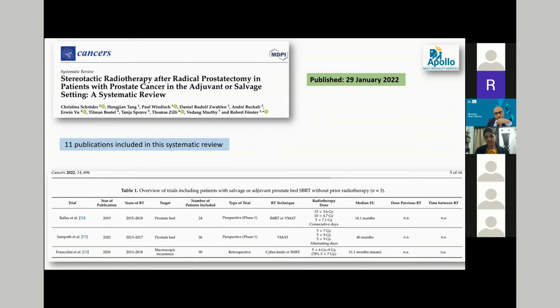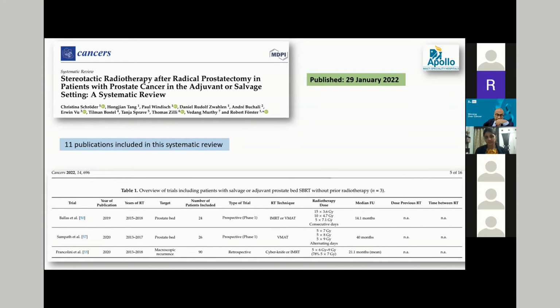And Dr. Bedang Murthy from India is also part of this systematic review. 11 publications are included in this systematic review. So there are two categories. One is adjuvant prostate-bed SBRT without prior radiotherapy, and another category is prostate-bed SBRT in those who have received prior radiotherapy post-radical prostatectomy.